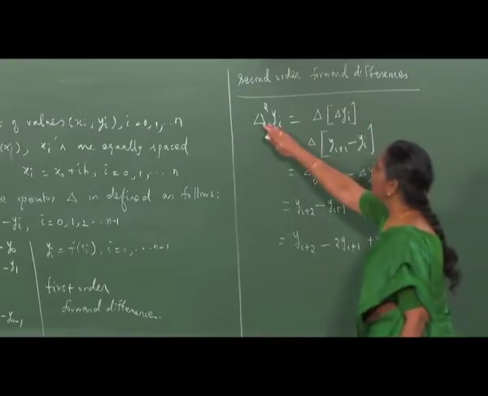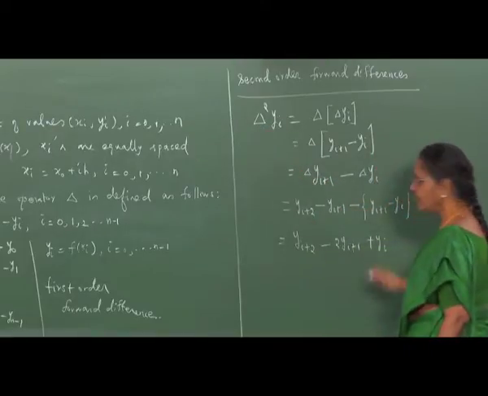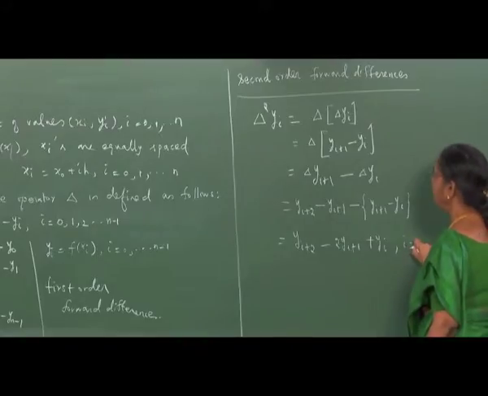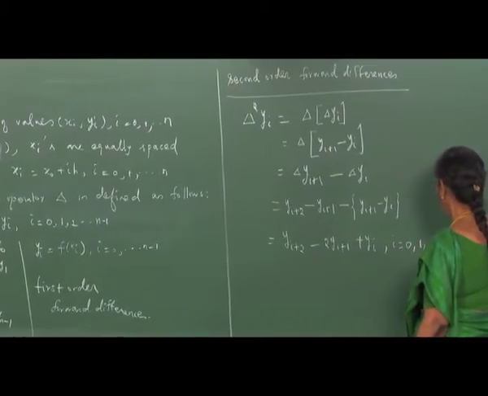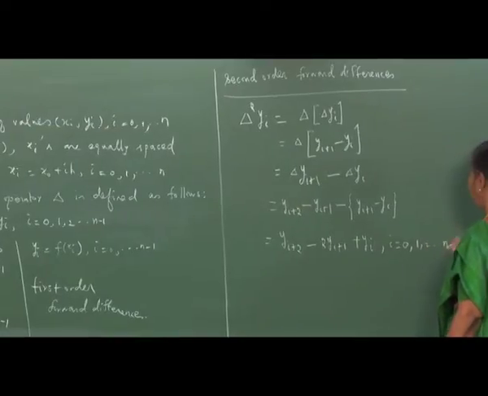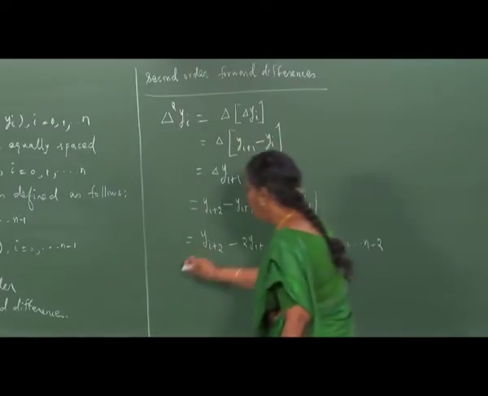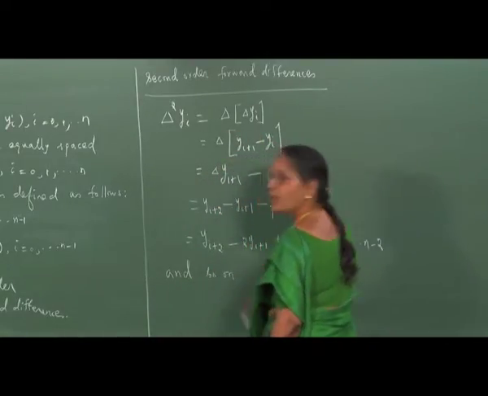So, I can compute the second order forward differences using this definition for values of i starting from 0, 1, 2, 3 etc. up to say n minus 2. And we can follow this definition and compute higher order differences.